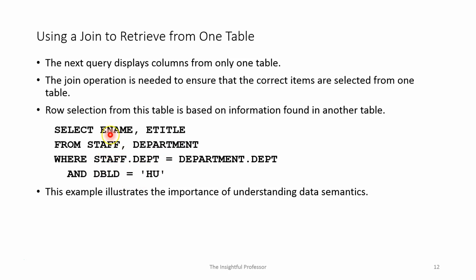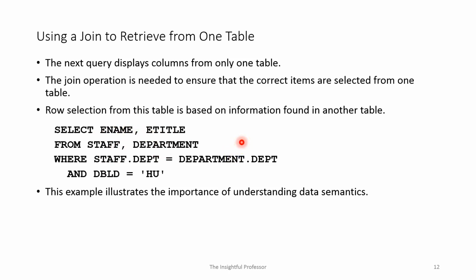So if I wanted to identify all of the employees who work in a particular building, I could not go to the staff table alone to get that answer. It's necessary to bring staff and department together, and for those rows in that intermediate result, that join result, that have a building equal to humanities, it's from those rows that I then select the staff information.